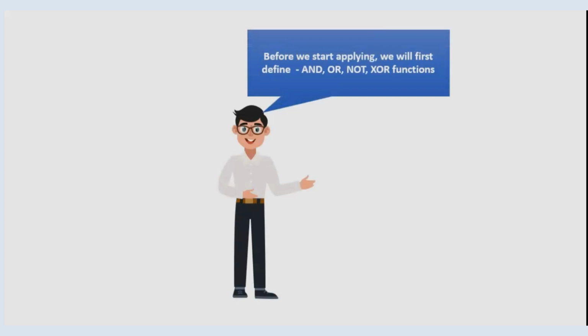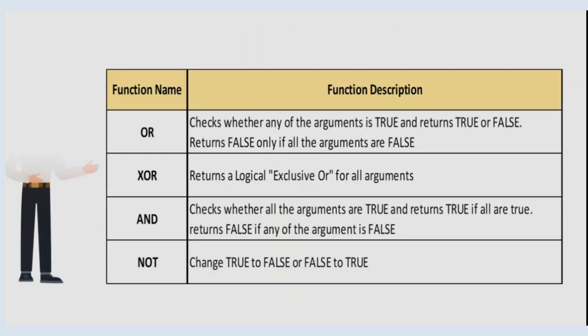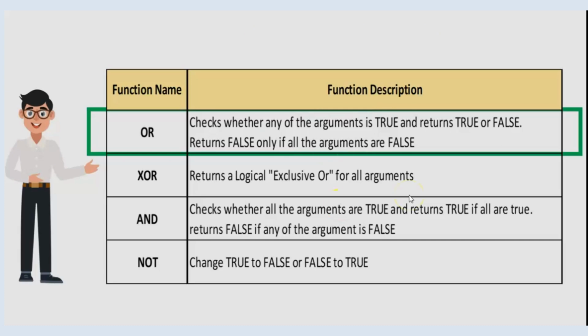Before we move to our Excel sheet, let's first discuss the definition of the functions that we will be using for this requirement request. Starting with the function OR. The OR function checks whether any argument is true and returns true if any of the arguments is true, and returns false if all the arguments are false.